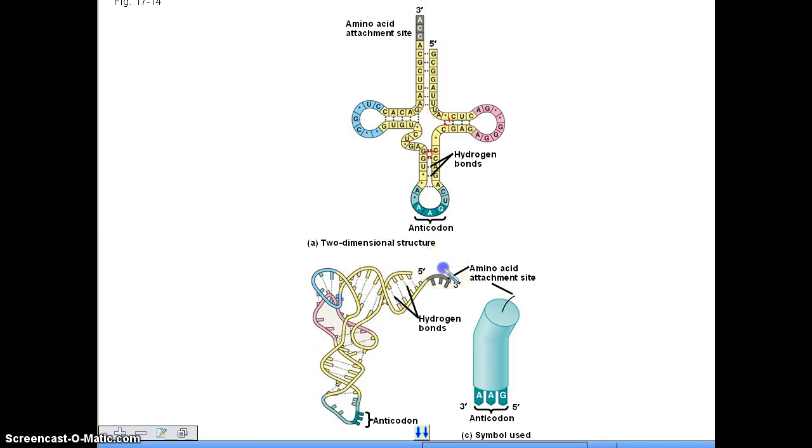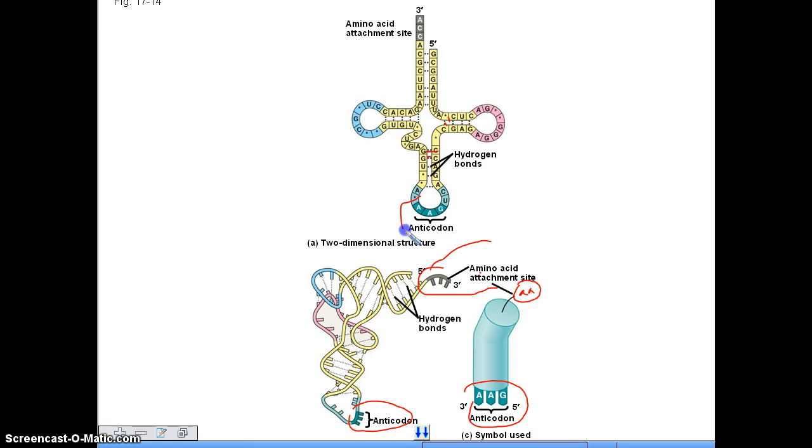What I'd ask you to pay close attention to is what we see here. On the 3' end, this is where the amino acid will attach. So let's imagine this is our amino acid. It's going to attach to the 3' end of the tRNA. And at the opposite end, you'll have 3 bases that make up the anticodon.